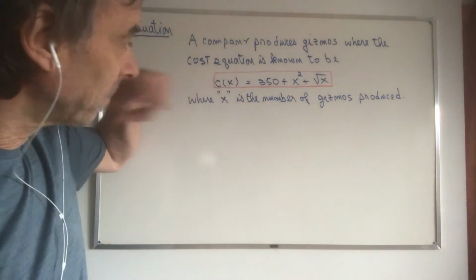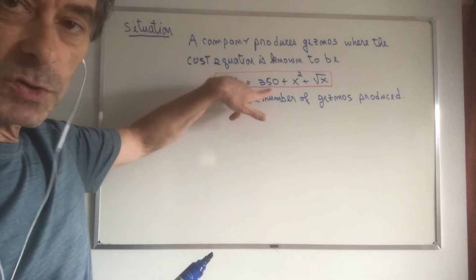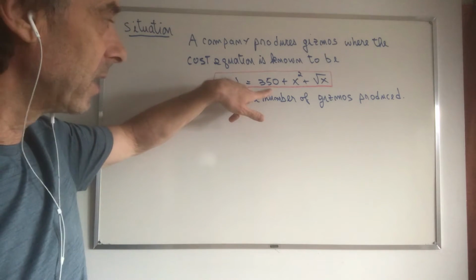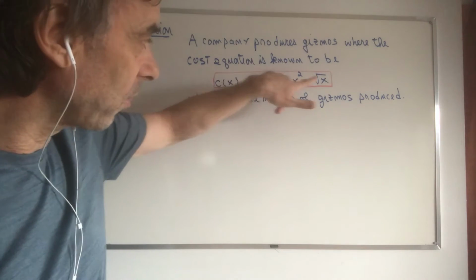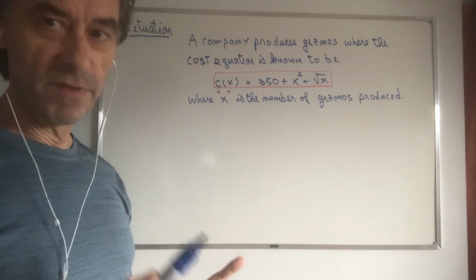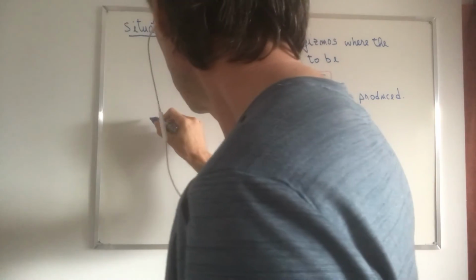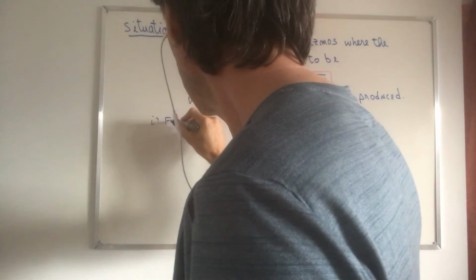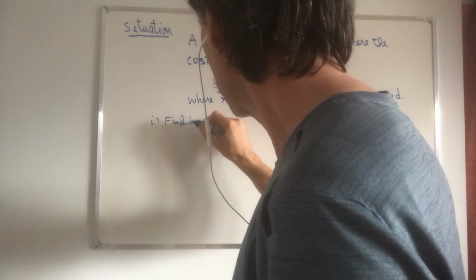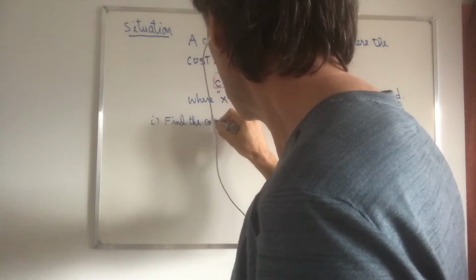You can see here that the 350 is my fixed cost. This does not change, right? And that other portion with the x's, that's what we call the variable cost. Okay, so here's a little question here. Find the cost of producing 0 items. Find the company's cost.